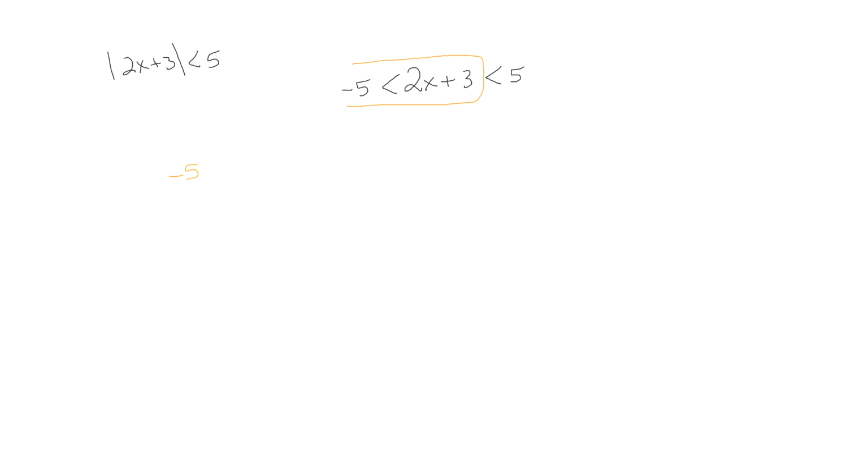Negative 5 less than 2x plus 3. Switch it around so it looks normal. So I want my open side to be with my x. And I'll do this side.